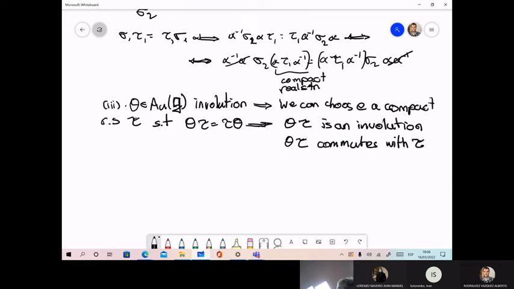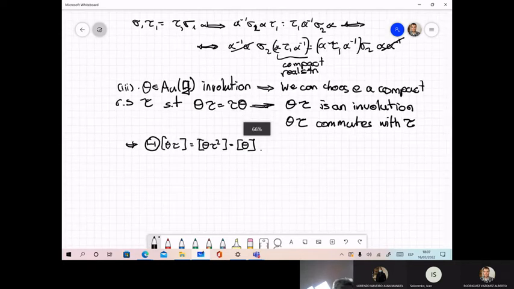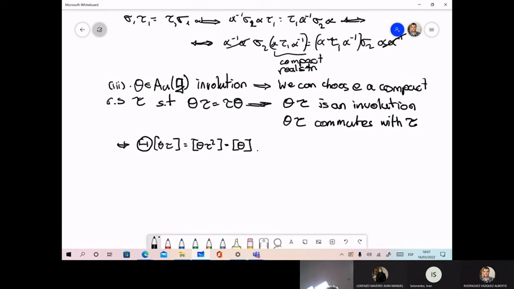And thus, since it is an involution that commutes with tau, we have that the big theta of the class of theta tau is the class of theta tau squared, which is just the class of theta. Okay, so if they give us an involution, we can construct, sorry, this is not an involution, this is a real structure here.